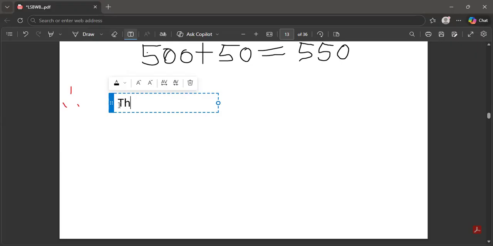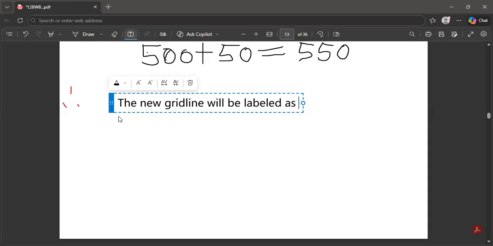The new grid line will be labeled as, let's say, 550 meters east. You see, good.